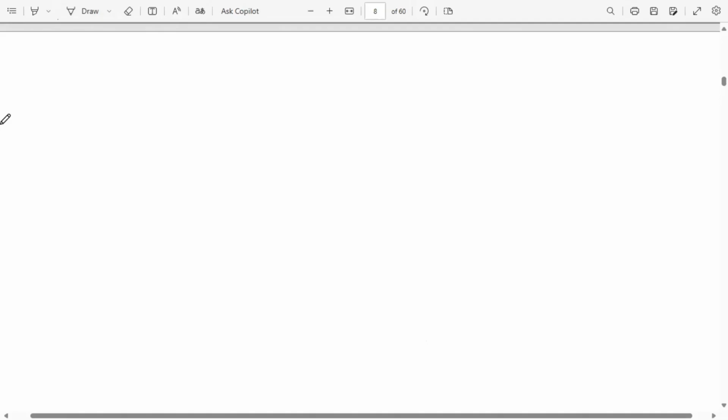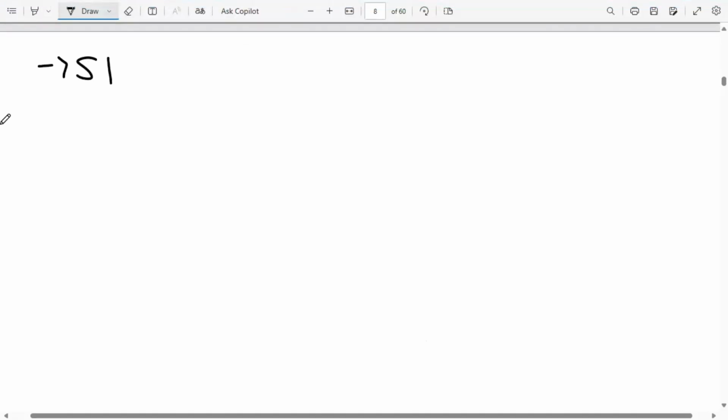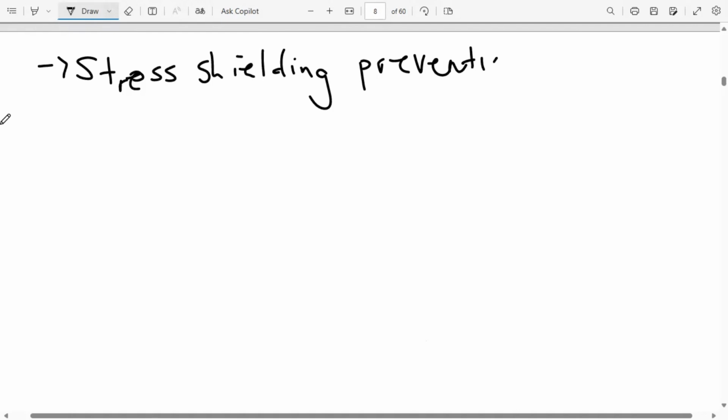So the implant material's modulus should match that of the bone to prevent stress shielding. That is the first one.